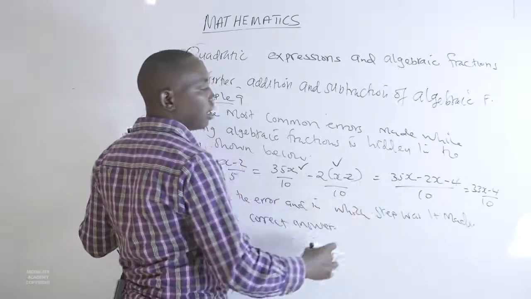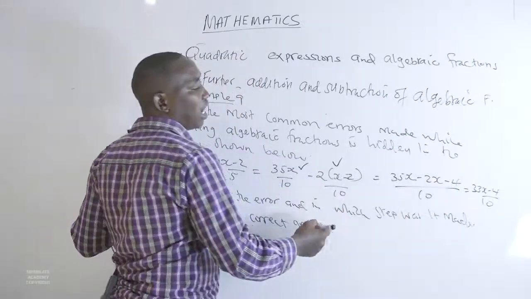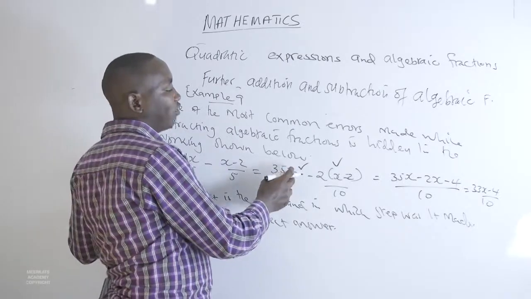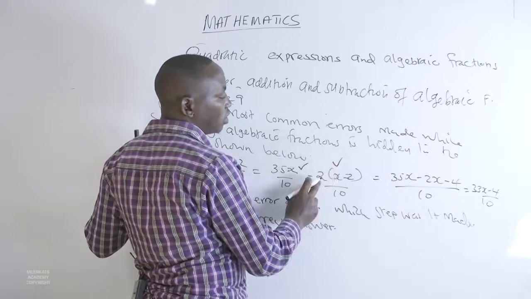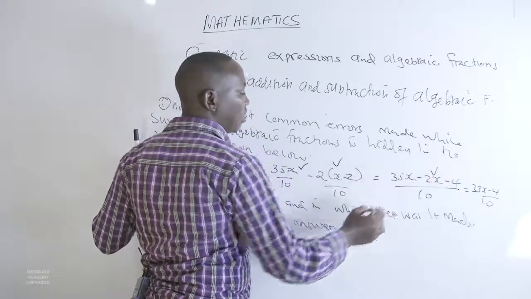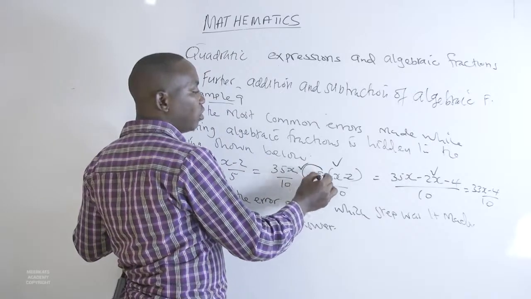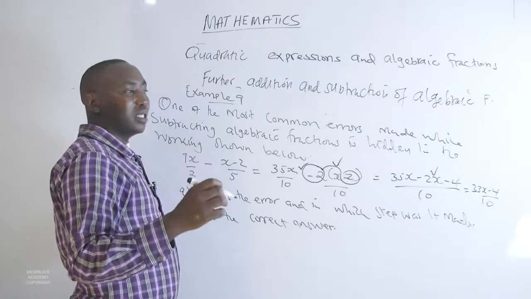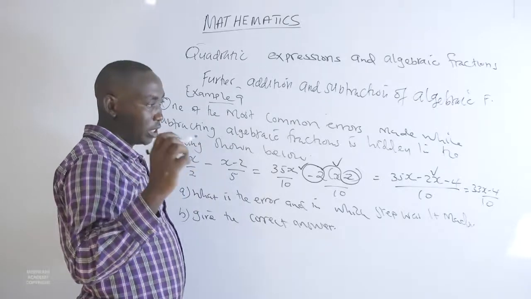Now when they were being made under one denominator and we now expanded, so this was 5x minus 2 times x will give you minus 2x, that is okay. Minus 2 multiplied by minus 2, minus and minus is supposed to give us a positive.